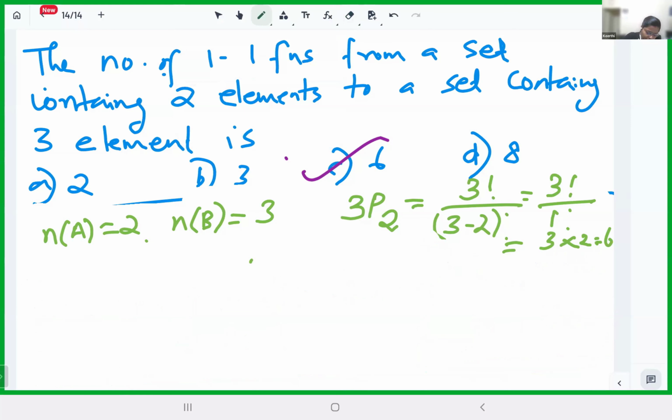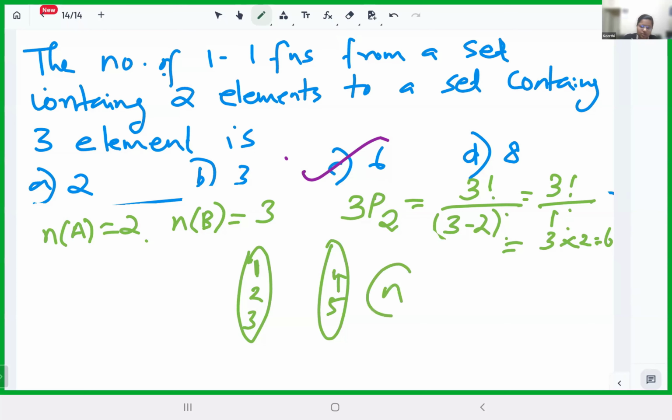So if I'm taking 1, 2, 3 in the first set, and 4 and 5 in the second set. The number of elements in the second set is n and in the first set is m. Here you can see that n is equal to 2 and m is equal to 3. That means n is less than m.